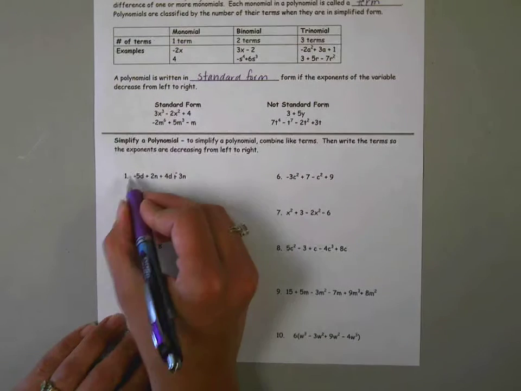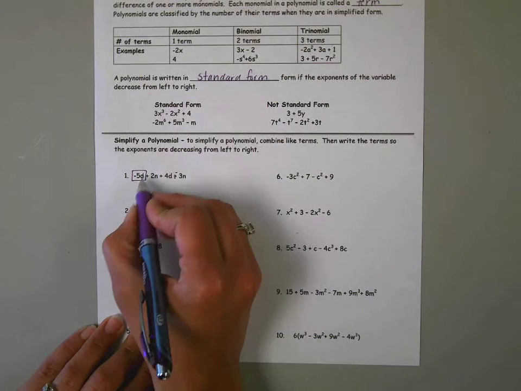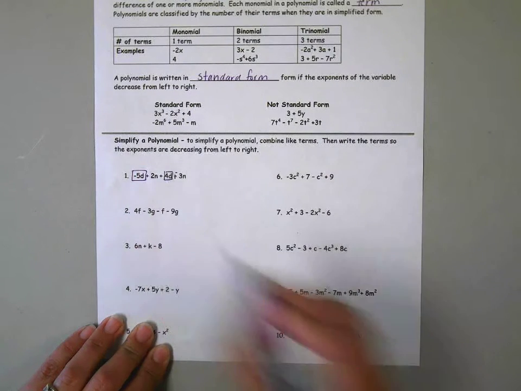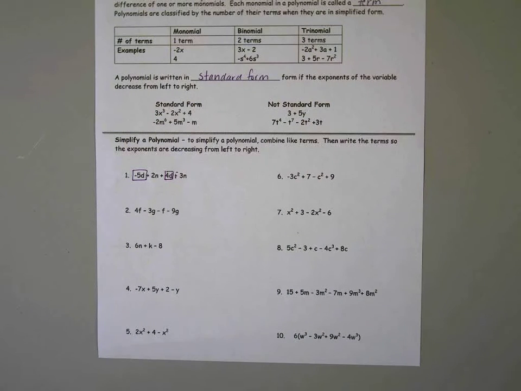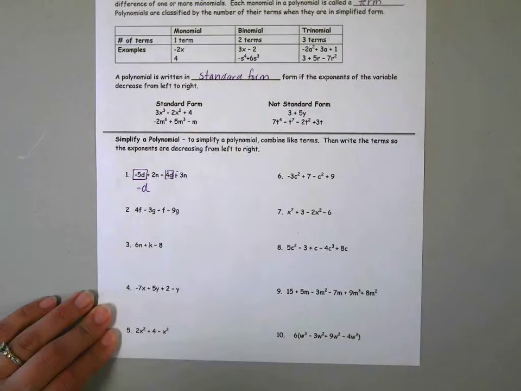So I'm going to box in all my like terms that are like d, negative 5d. So here I have 4d and negative 5d, and those two are like terms, so I'm going to combine them. So a negative 5 plus 4 is a negative 1d. But we don't put the negative 1, we're just going to put negative d.